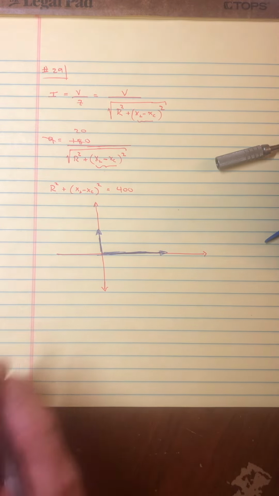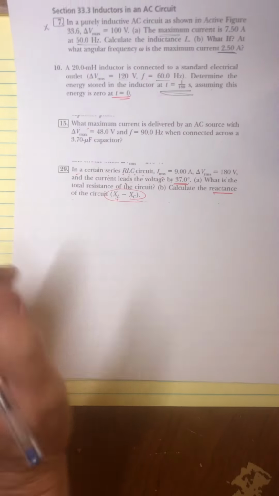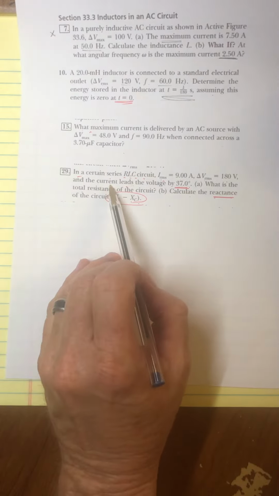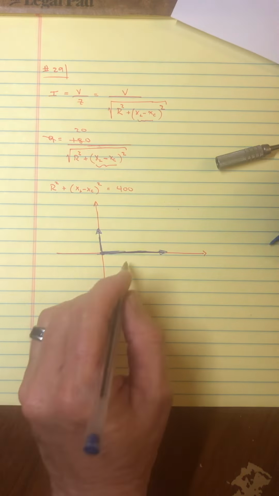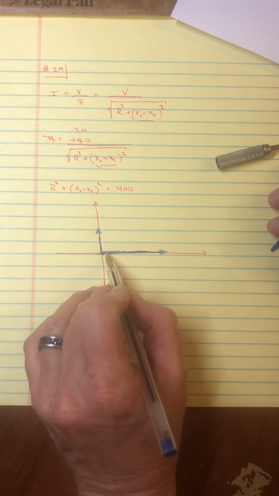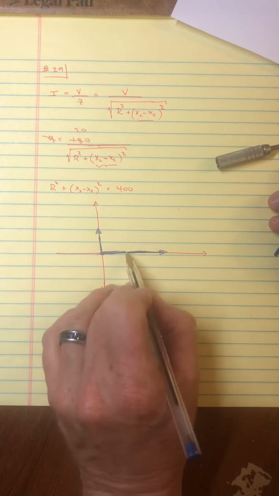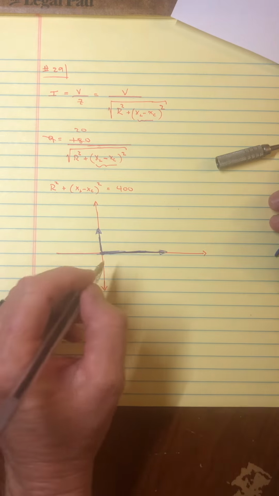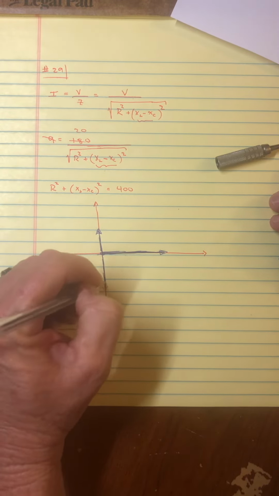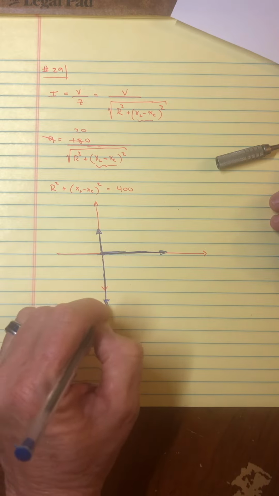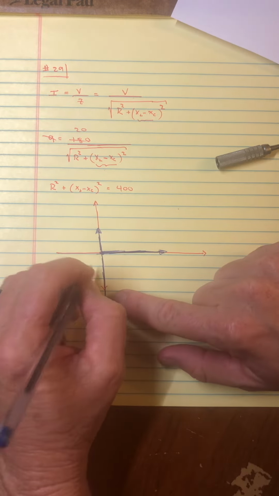And then if we did the voltage from the capacitor, and here's where I'm going to pause, come back here. And notice they say the current leads the voltage by 37. Okay, so the current is in the same phase as the voltage on the resistor. So thinking of this as the current, the result of all these three, the capacitor is going to be something like this. But I know that this one is the capacitor.